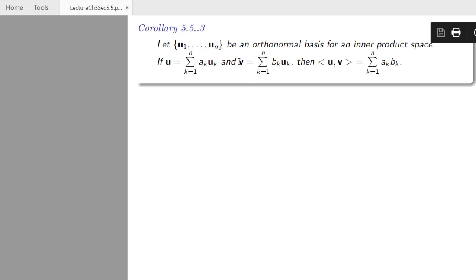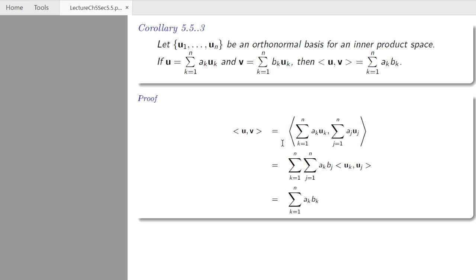And similarly, by the theorem just proved, we can write down v as a linear combination of the base. Then we can show that the inner product between u and v is just equal to this sum of coefficient products, that's ak times bk.